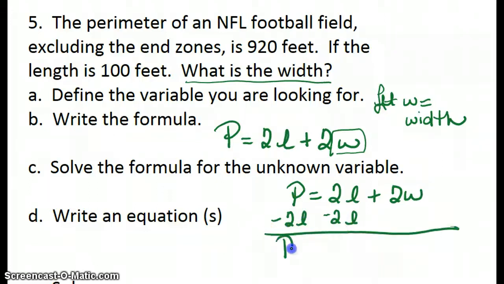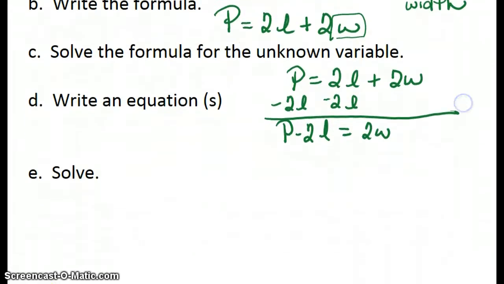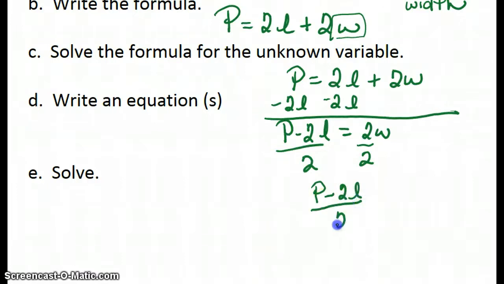I get that P minus 2L equals 2W. Divide both sides by 2. Divide both sides by 2. I get that P minus 2L all over 2. You can distribute that to each part, and you can just leave it just like this because we're going to be plugging something in.